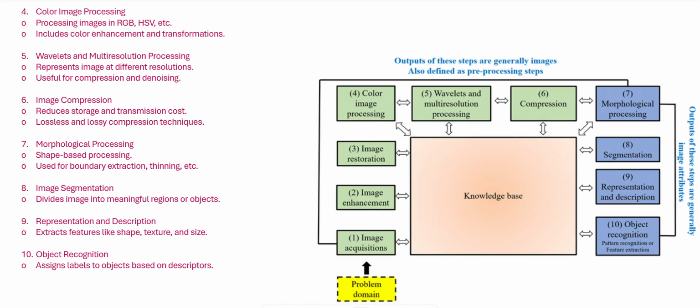Next is compression. What is compression? Compressing an image means reducing the size requirement of an image. There are 8 bits for a single pixel of an image, and we'll be reducing that. The benefit of this step is reducing the storage and transmission cost.